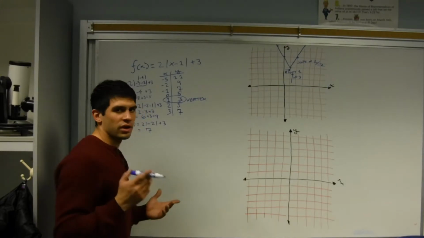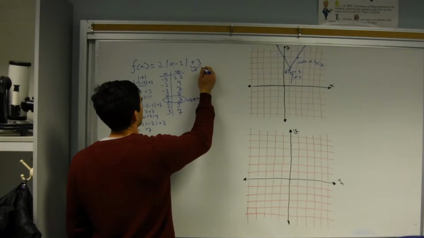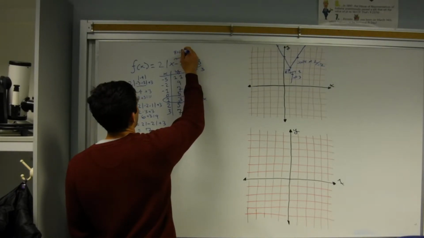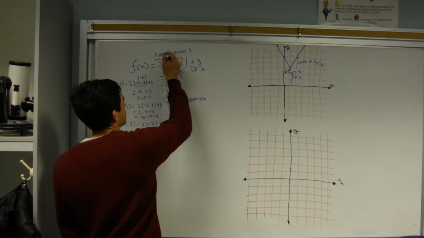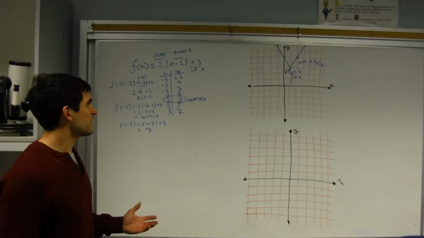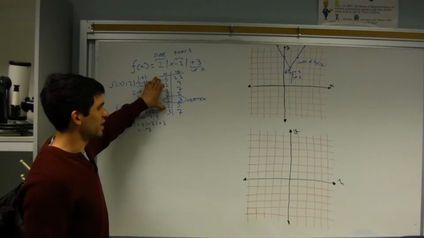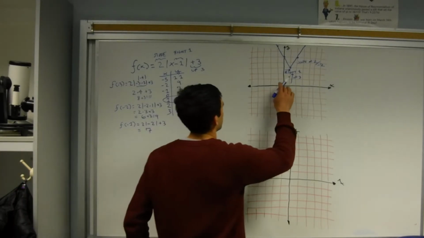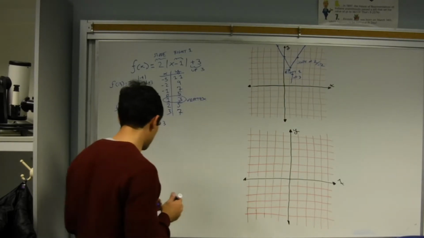So if we look at our original function, we have plus 3, which means we're going up 3. We have minus 1, which means we're going right 1. And we have a slope of 2. So essentially, we could have avoided the annoyingness of making this table of values and doing all these calculations by just starting at the origin, going up 3, right 1, and changing the slope.